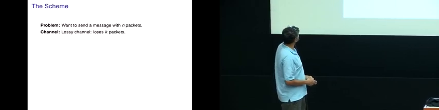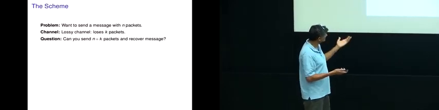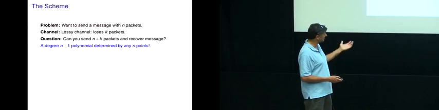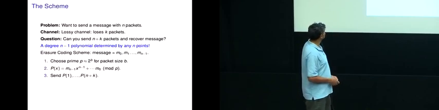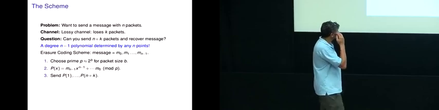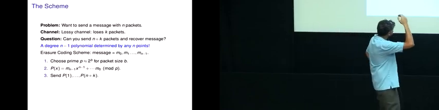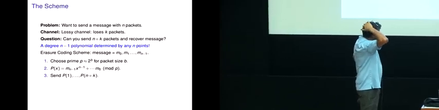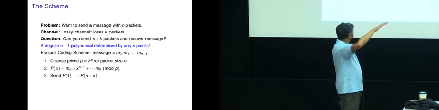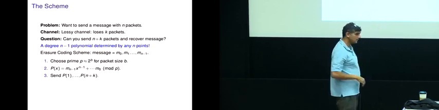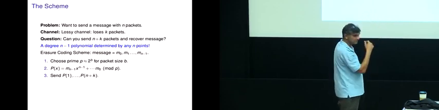Okay, so here's a scheme, and it's just blindingly obvious now. A degree n minus 1 polynomial is determined by any n points. The erasure coding scheme is the following. You have the message, m0 through mn minus 1, so there are n packets. I make them the coefficients of my polynomial modulo p.